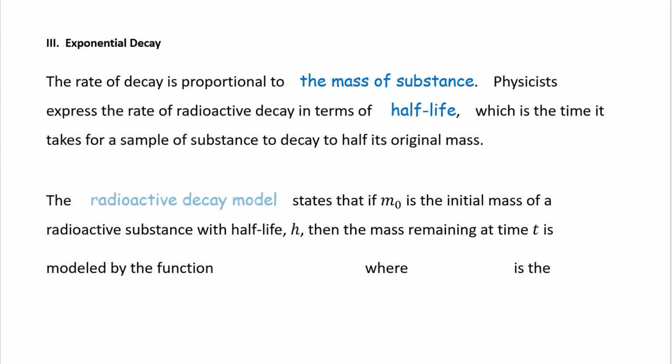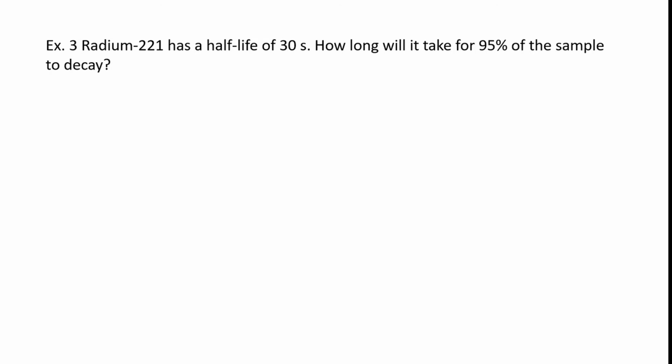The radioactive decay model states that if m sub naught is the initial mass of a radioactive substance with half-life h, then the mass remaining at time t is modeled by the function m of t equals m sub naught e to the power of negative r times t, where r is equal to the natural log of 2 divided by h, and that is the relative decay rate.